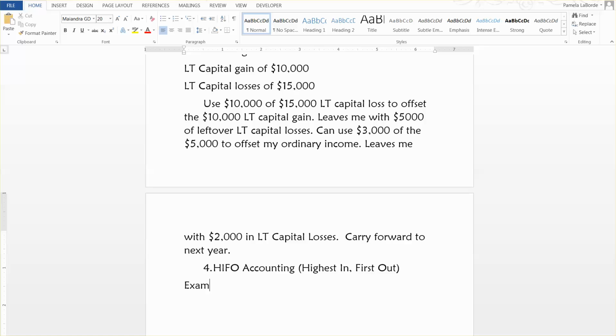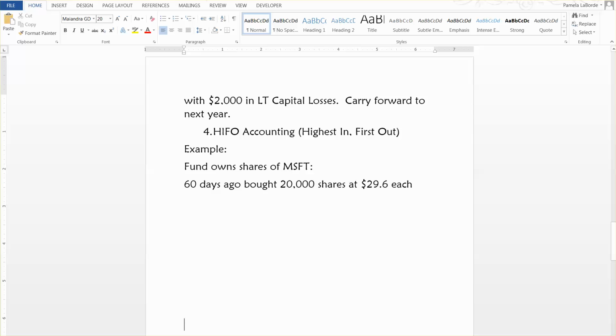So, as an example of HIFO accounting, let's say a fund owns shares of Microsoft, and they bought 60 days ago 20,000 shares at $29.60 each. Just making these numbers up. And then 45 days ago, they bought 18,000 shares.